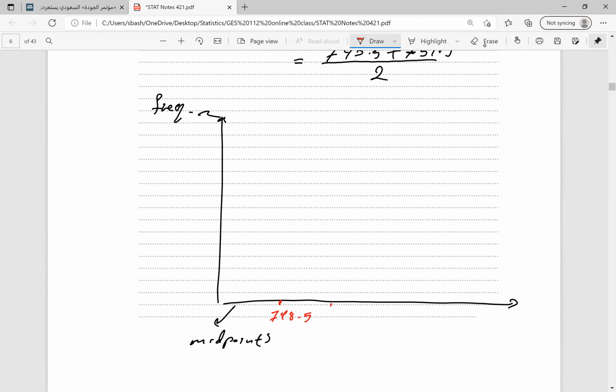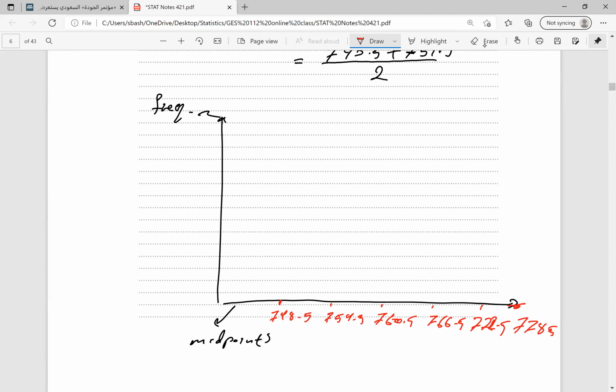Next one was 754.5. Next one was 760.5. One was 766.5, then 772.5, and last one was 778.5.